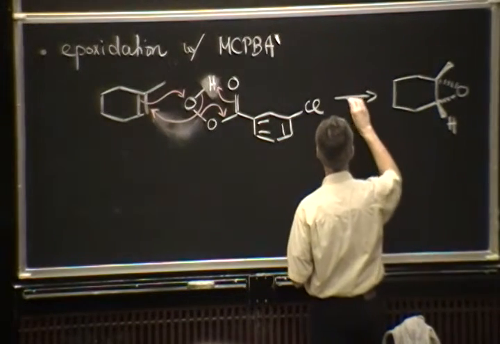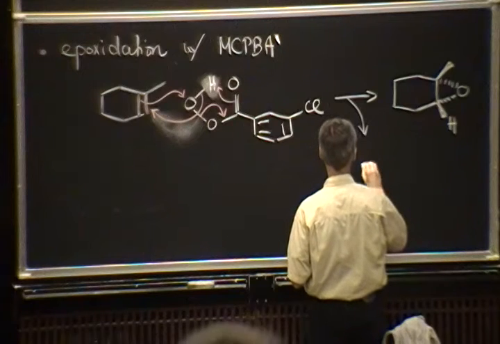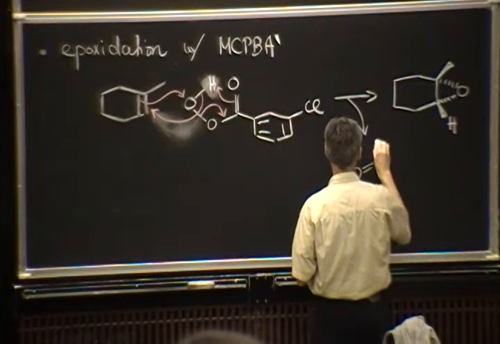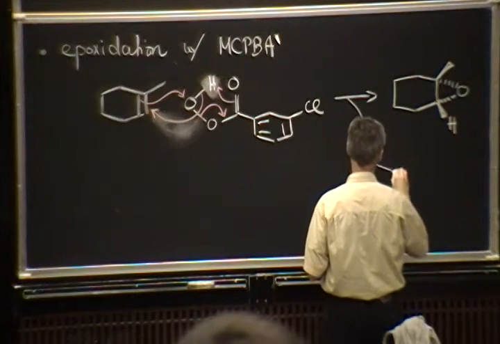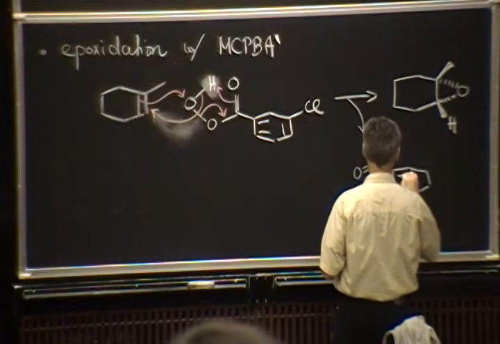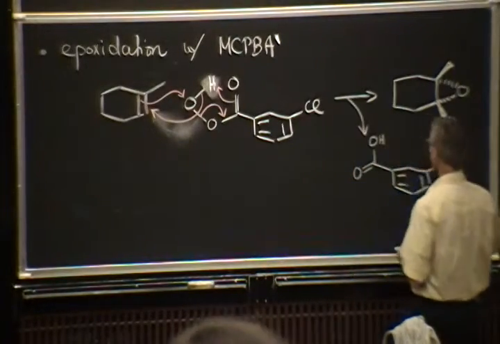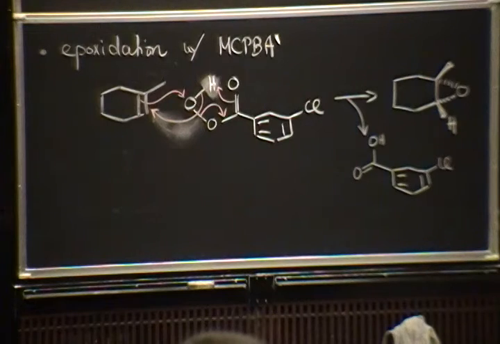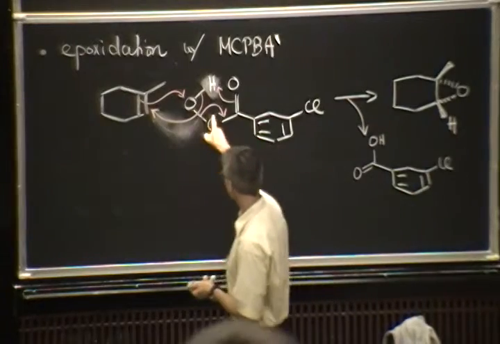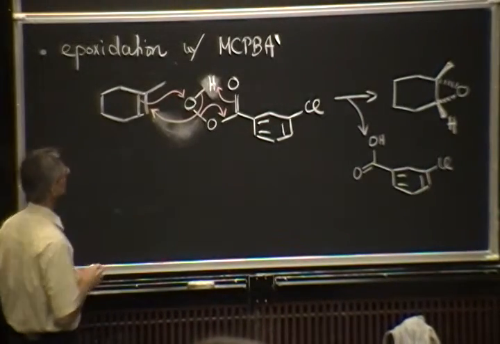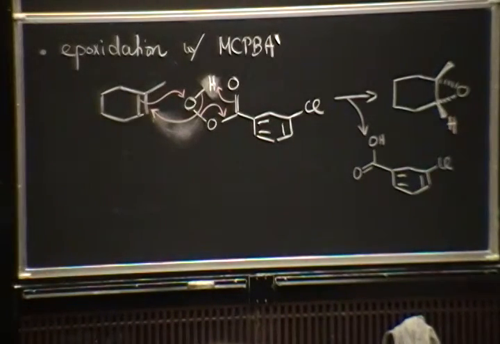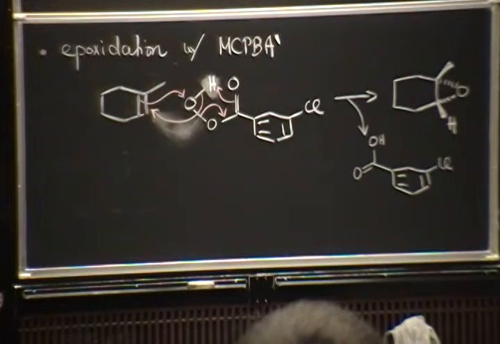And of course, we get the product from the reagent, which is now a standard acid without the peroxide function. So metachlorobenzoic acid, not perbenzoic acid anymore. And again, this is the mechanism of the insertion of the oxygen atom into the carbon-carbon double bond.